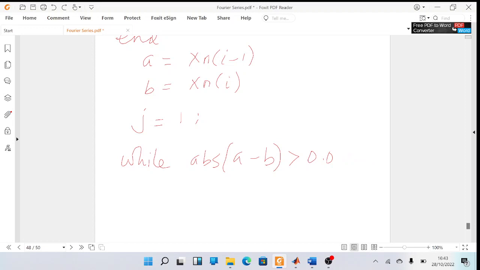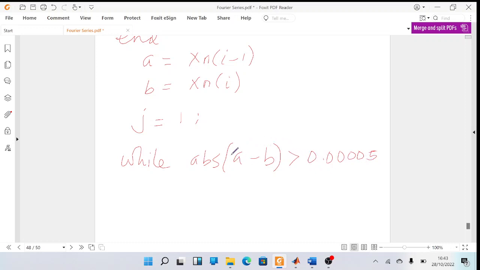These are zeros: 0, 0, 0, 5. So the error will be just the difference between a and b. So a minus b less than that.